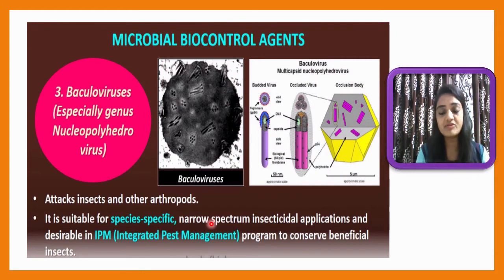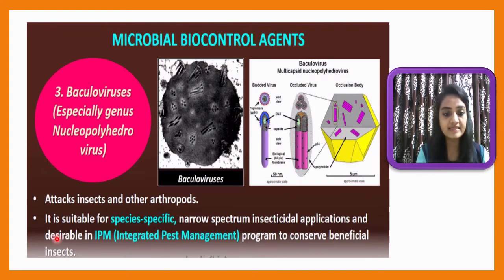Why? Because inside any crop in the farm, some organisms will be harmful and some organisms will be beneficial. So the main target is to kill the harmful organism, not the beneficial one. These target specific or narrow spectrum insecticides are very important because they only kill harmful organisms, not those beneficial to the crop.